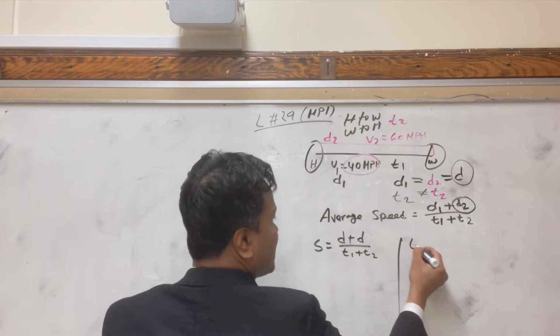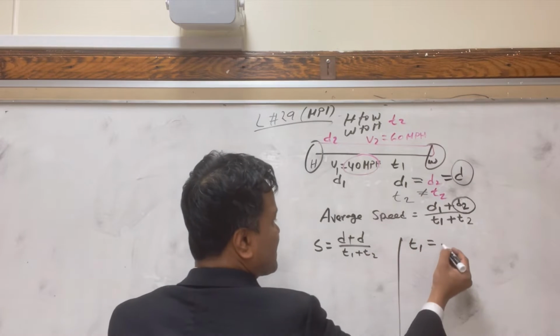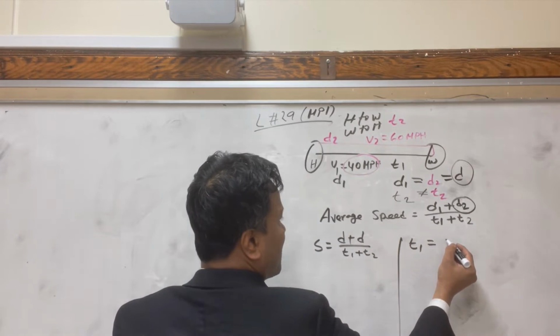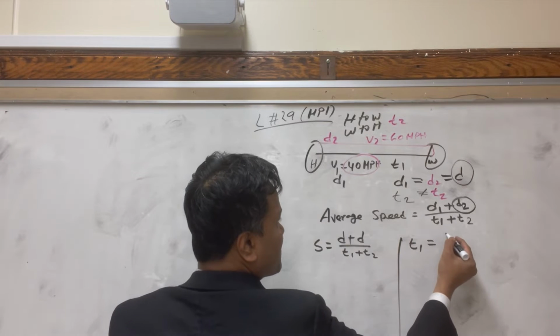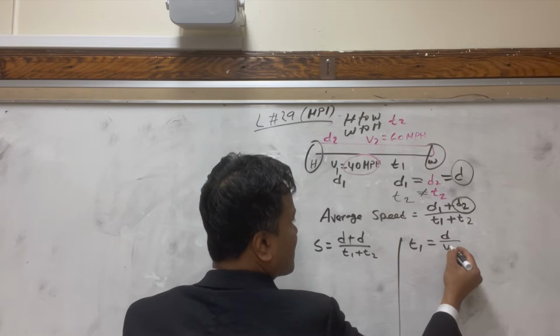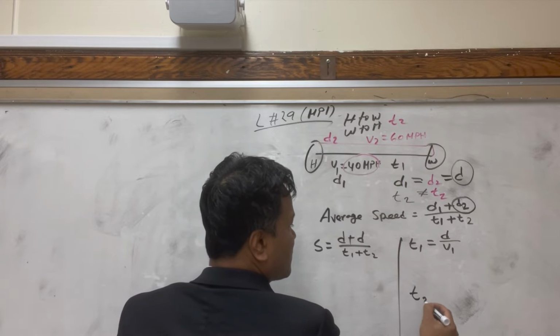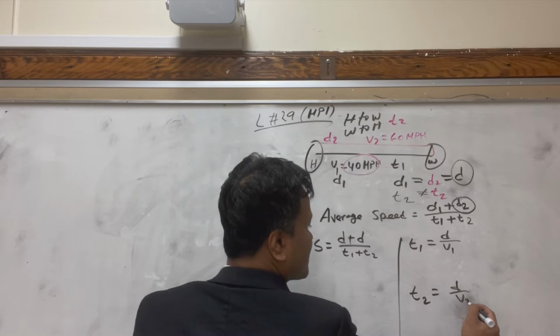Now t1 is distance over velocity, and t2 is, of course, distance over velocity too.